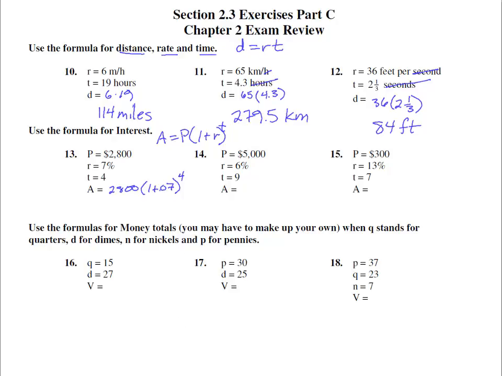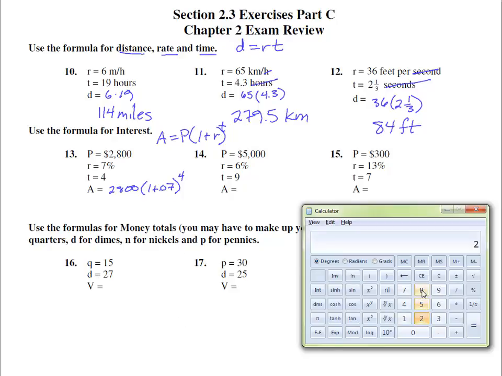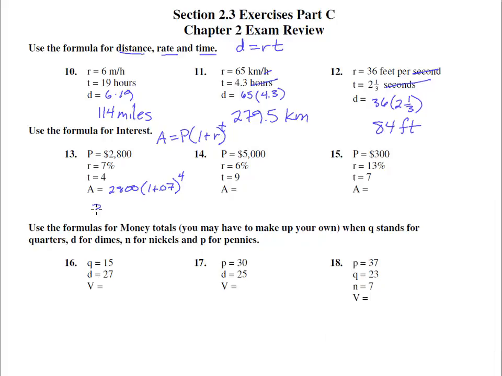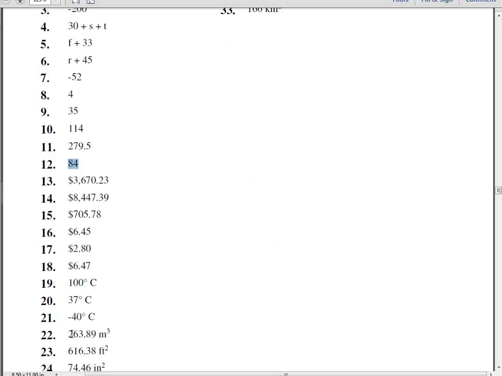Let's punch that into the calculator, make sure we can get it. 2,800 times 1 plus 0.07 is 1.07 to the 4th power equals 3,670.23 if we round to the nearest penny. So $3,670.23. Let's double check our answer.